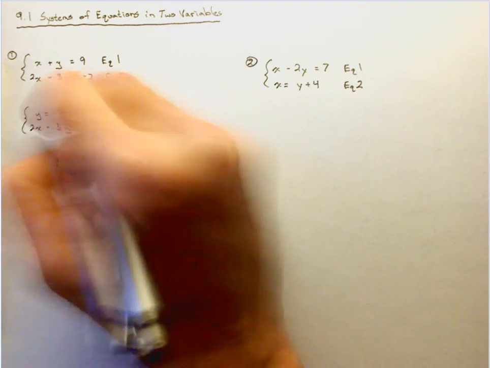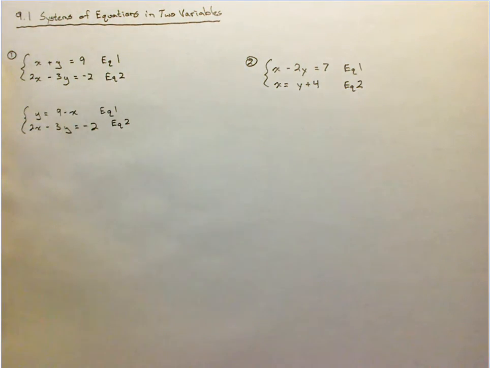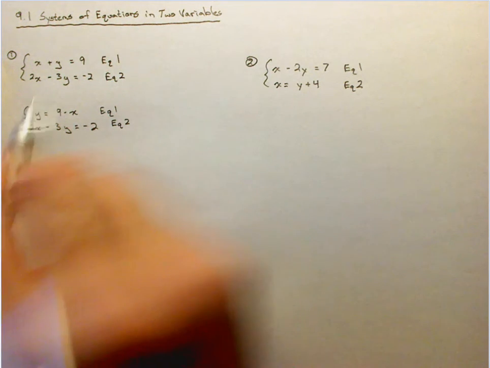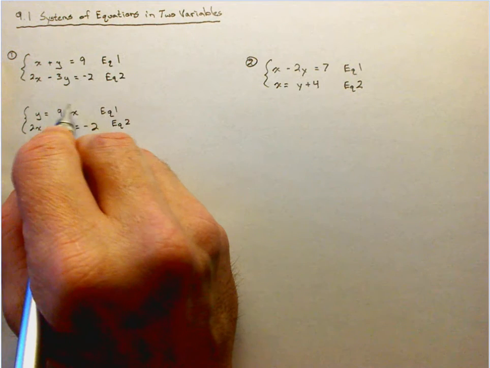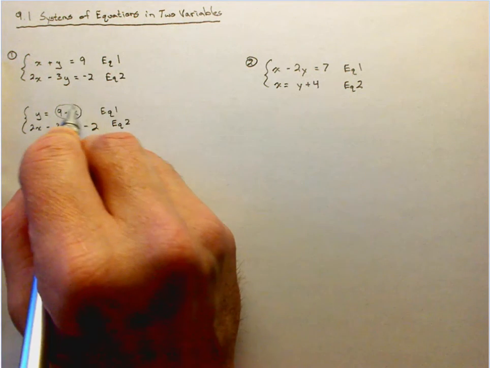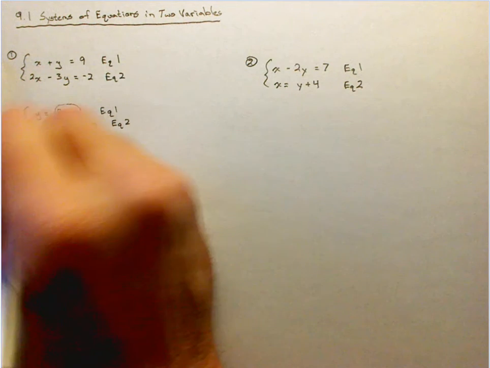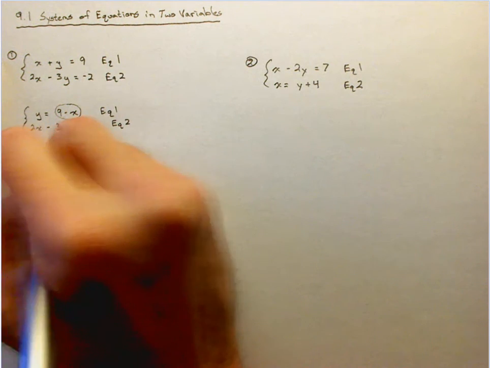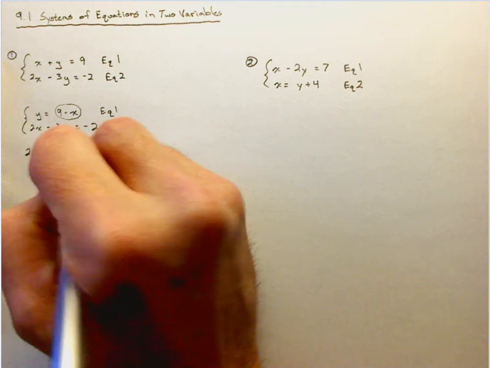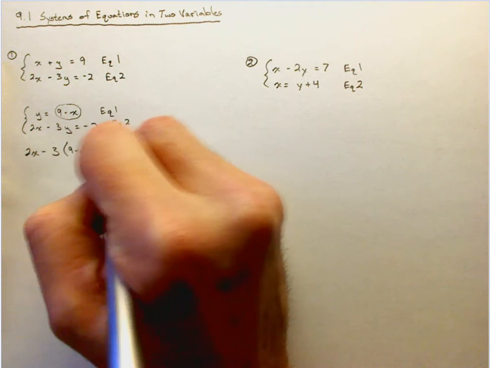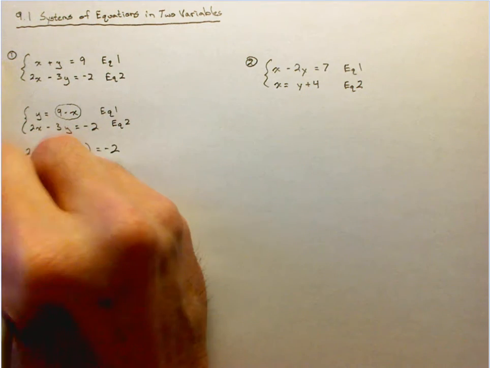I've just moved the variable around. Now I'm going to take my value of y from equation 1, which is 9 minus x, and plug it into equation 2. And I'm going to combine like terms and solve.